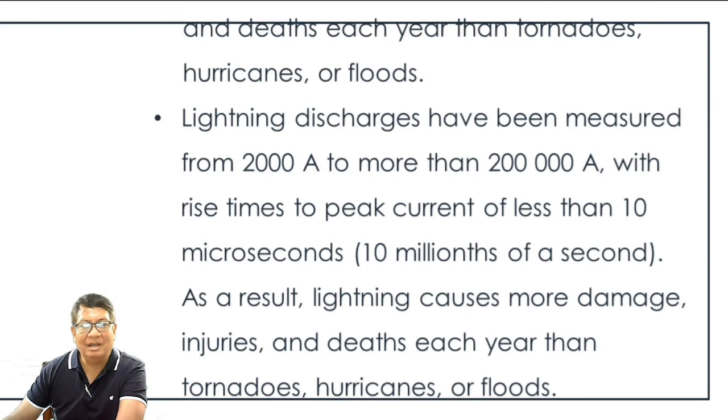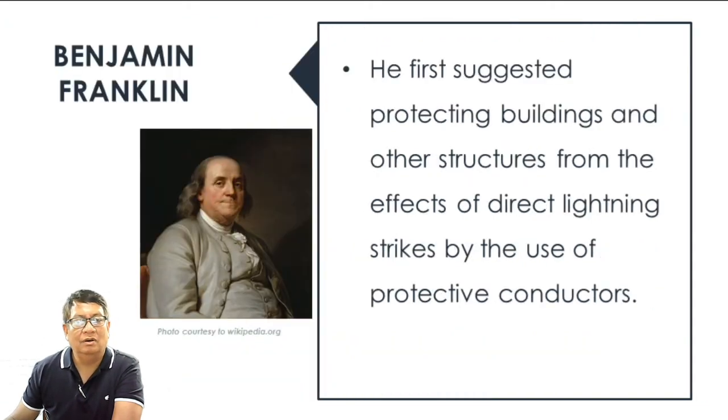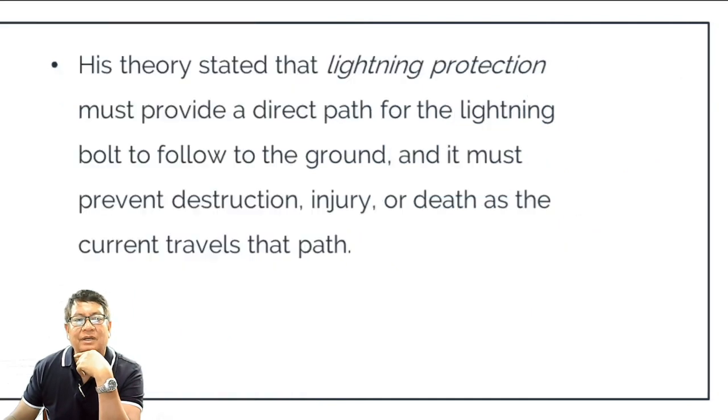So, there are many victims of lightning, rather than of tornadoes and hurricanes in other countries, or floods here in the Philippines. Benjamin Franklin first suggested protecting buildings and other structures from the effects of direct lightning strikes by the use of protective conductors.